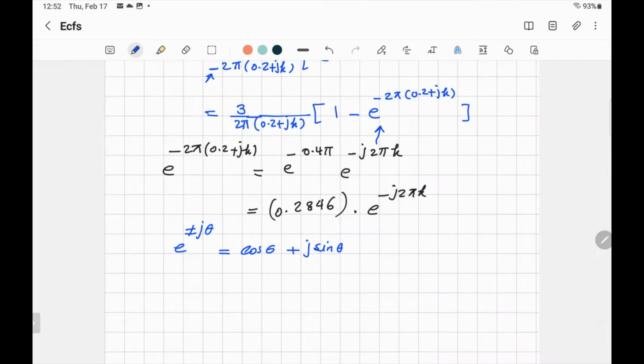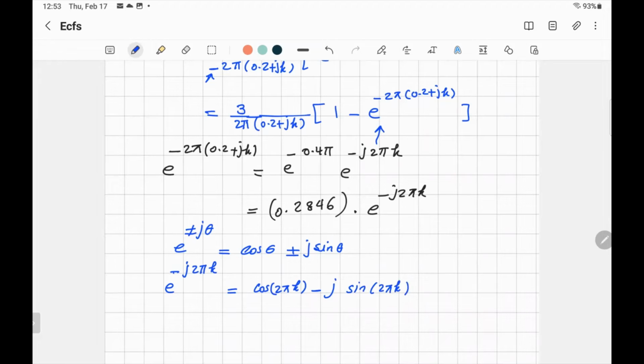So I can say e to the power of minus j 2 pi k, where 2 pi k is theta, equals cosine 2 pi k minus j sine 2 pi k.